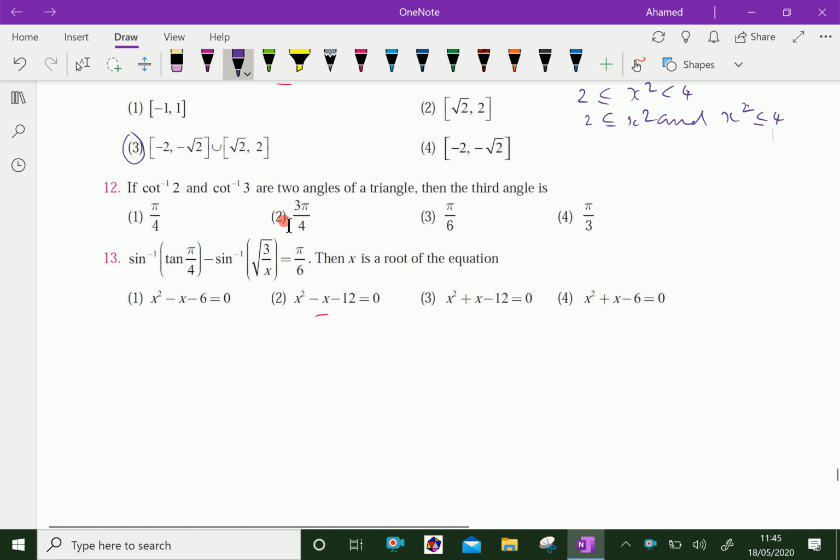Next, question number 12. If cot inverse 2 and cot inverse 3 are two angles of a triangle, then the third angle is?